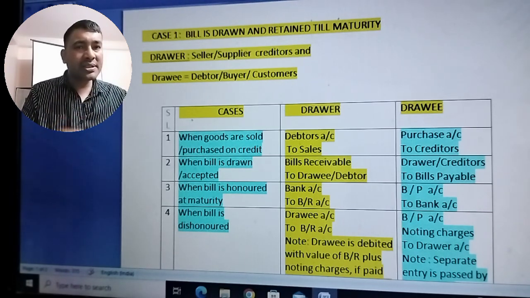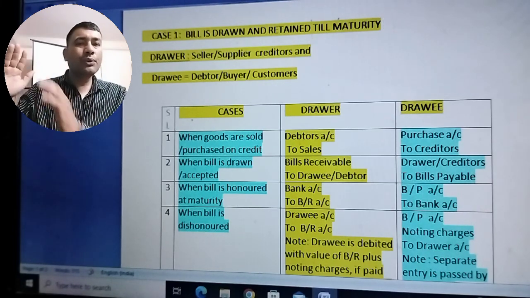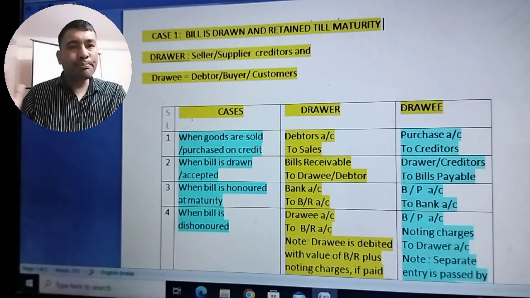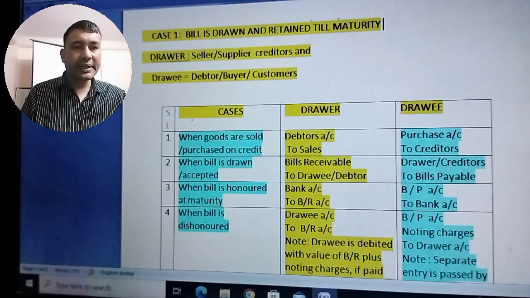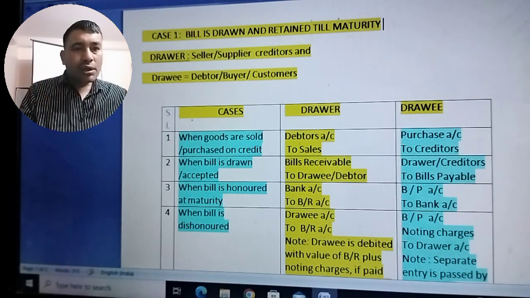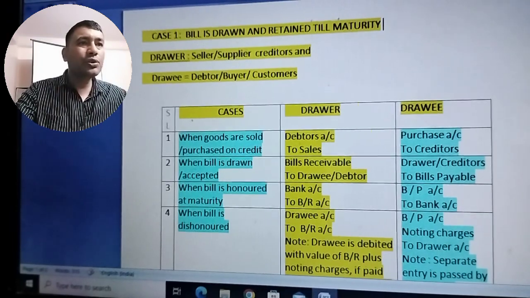So whenever a bill is dishonored, the drawer will debit the drawee account and credit the bills receivable account. The drawee will be debited with the face value of the bills receivable plus the noting charges paid by him to the notary public. So the entry will be drawee to bills receivable.